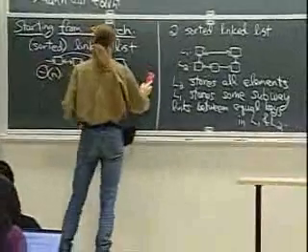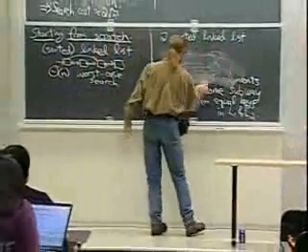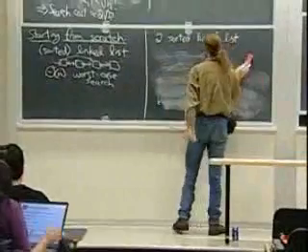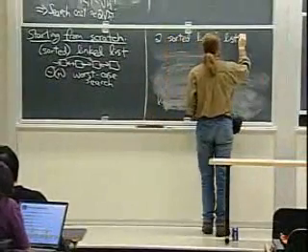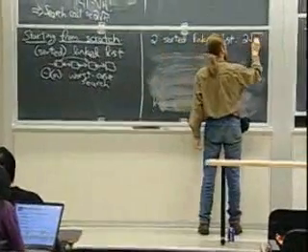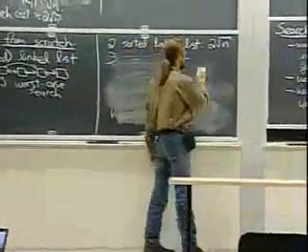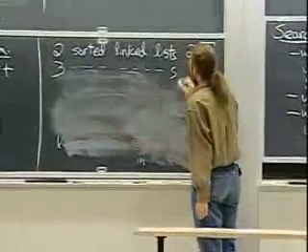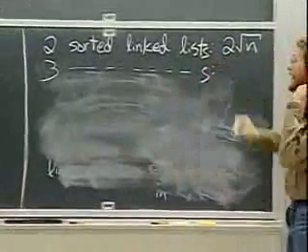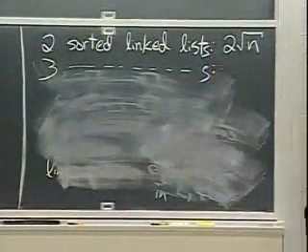So we started with a sorted linked list. Then we went to 2. This gave us 2 square root of n. Now I want 3 sorted linked lists. Any guesses what the running time might be?